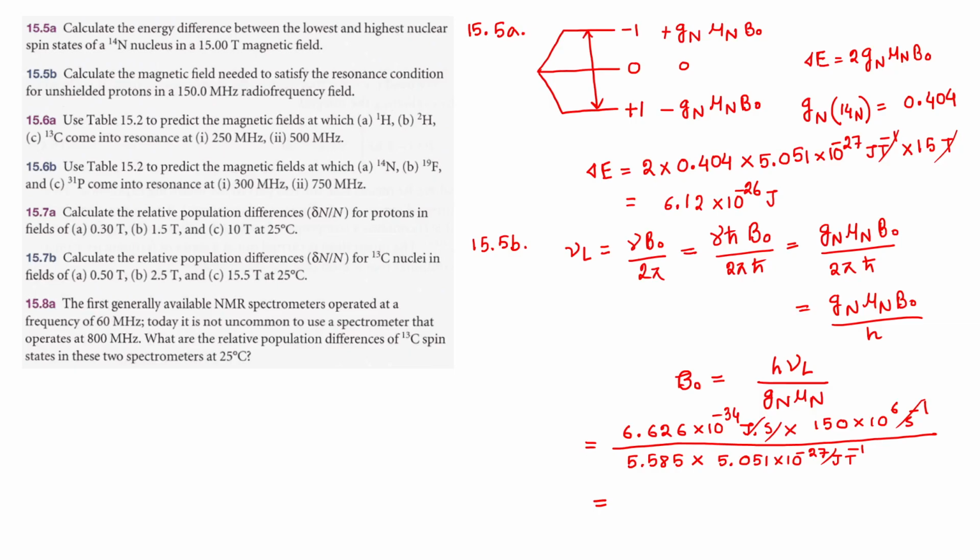6.626 into 10 to the power minus 34 into 150 into 10 to the power 6 divided by 5.585 divided by 5.051 into 10 to the power minus 27.